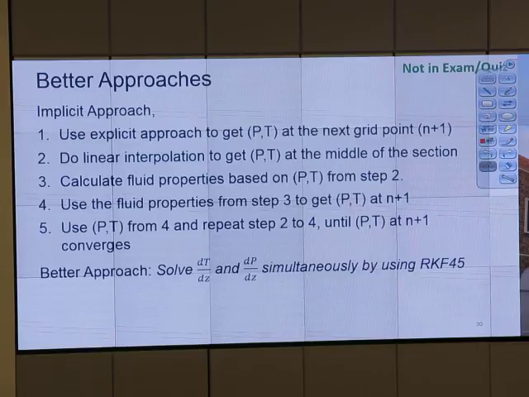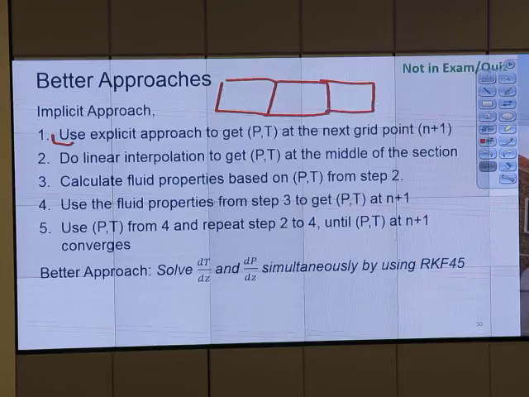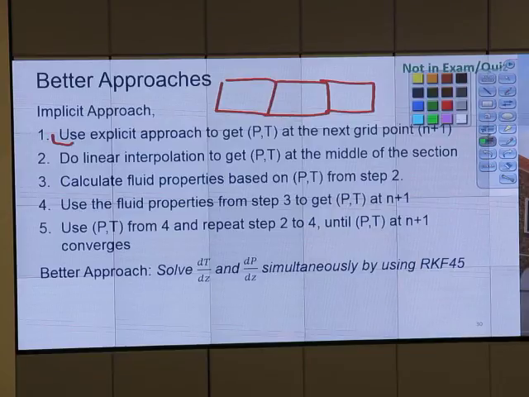So this means you use explicit, you discretize it into many sections. Then use the explicit approach to calculate the temperature profile. You get this line, right? So you know the temperature that you calculate.